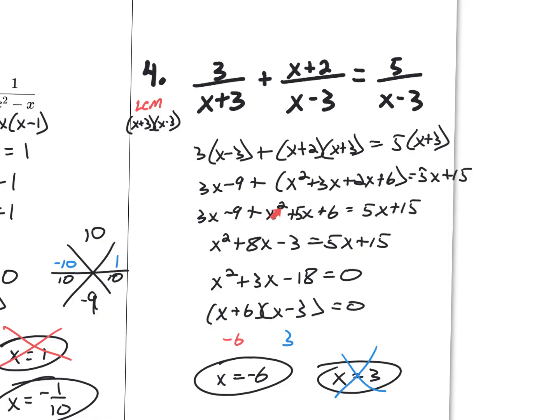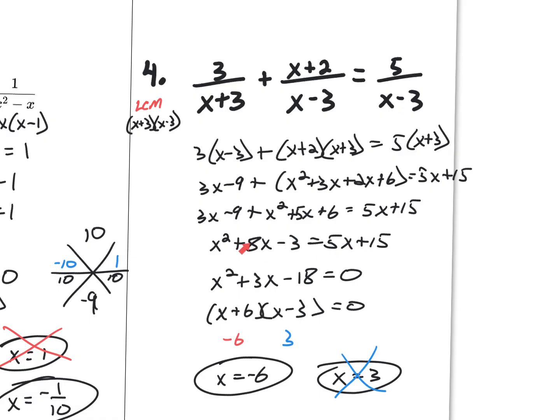So now I think here I just cancel out. Actually, I add 3x and 2x inside the parentheses, and I get 5x. And then I just clear out the parentheses. So 3x minus 9 plus x squared plus 5x plus 6 equals 5x plus 15. Then I combine like terms. 5x and 3x is 8x, so x squared plus 8x, and then negative 9 plus 6 is negative 3, equals 5x plus 15.